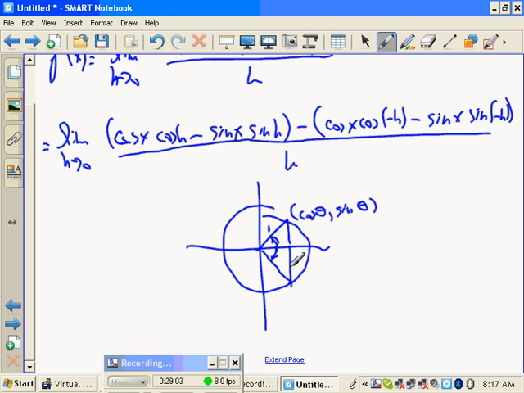Well, this x value is still cosine theta. And this y value is this flipped over, so it's how big? If y is sine theta here, it's negative sine here. What does that tell you? When you plug in negative h, cosine of negative h is just cosine of h. If you plug in sine of negative h, it's negative sine of h.